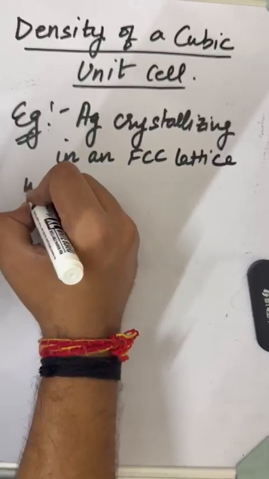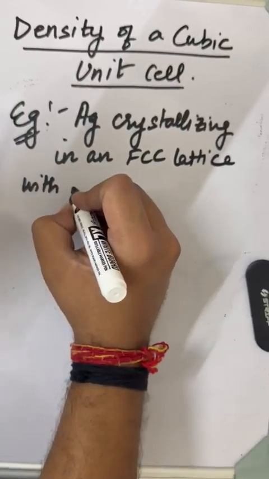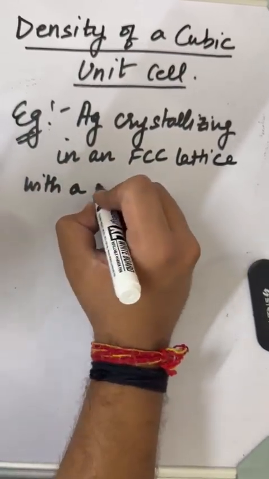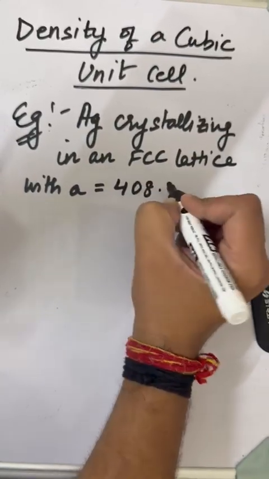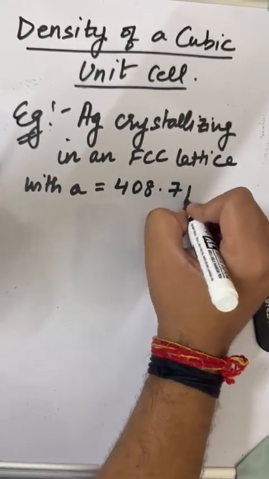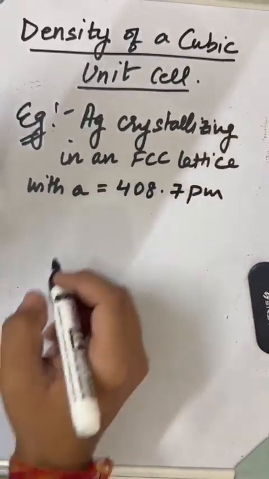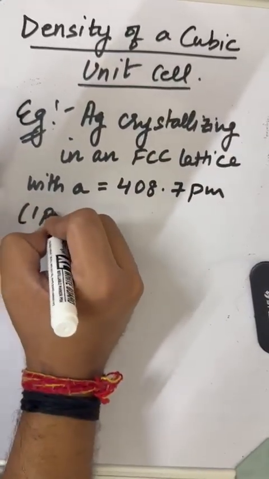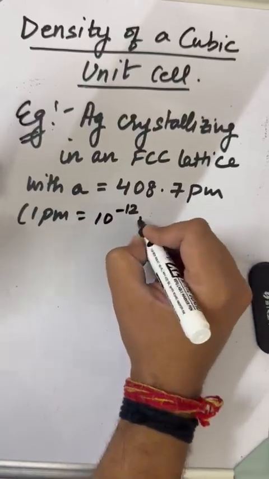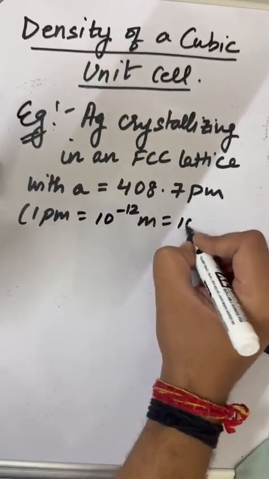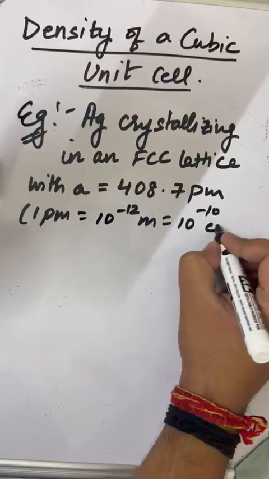with A, which is edge length, given as 408.7 picometers. Remember, 1 picometer is 10 to the power of minus 12 meters, which is also equal to 10 to the power of minus 10 centimeters.